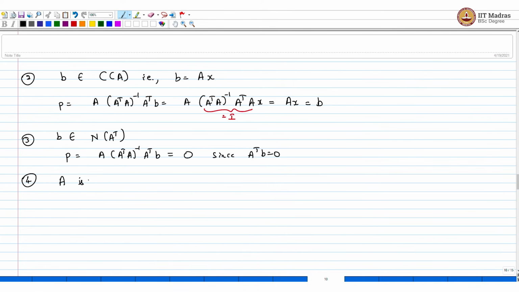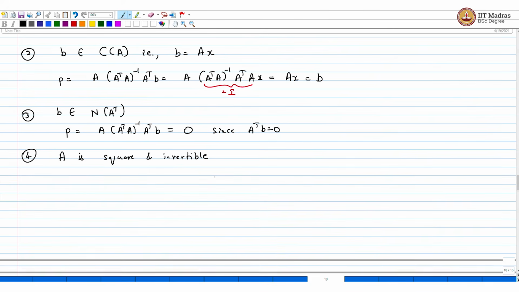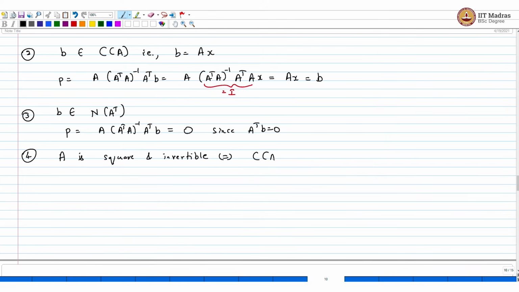Last thing is, imagine A is a square matrix and invertible. Which is equivalent to saying what is the column space of A? It is R n. So what would be the projection? It would be A into A transpose A inverse A transpose b. If I take any b, is it in the column space of this matrix?